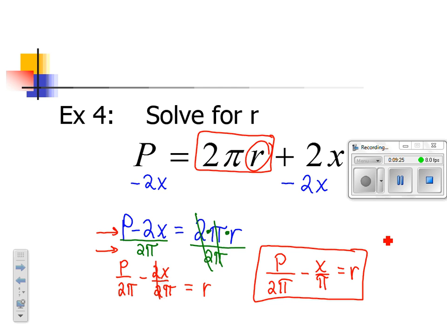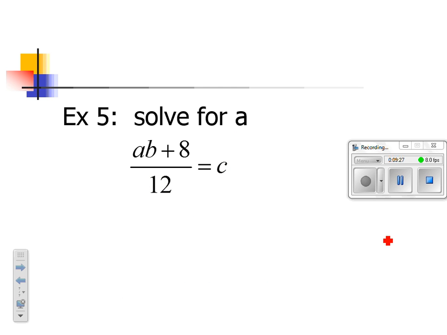All right, example number 5, and this will be the last example for today. We are going to solve for a. Here's our a. We're going to circle our a. We won't want to do anything with that b because it's hooked on with the a. But then we have a fraction symbol here, a division sign.